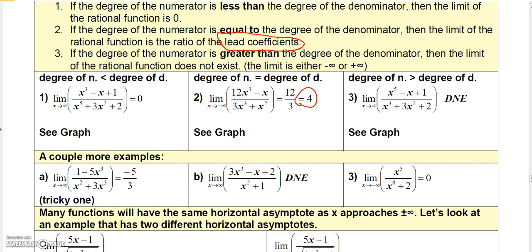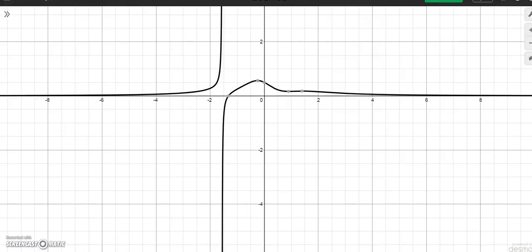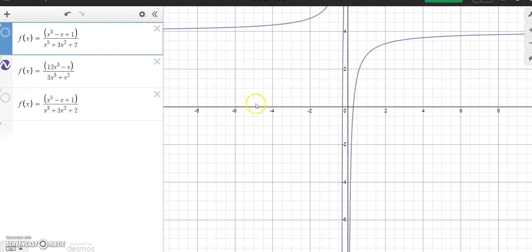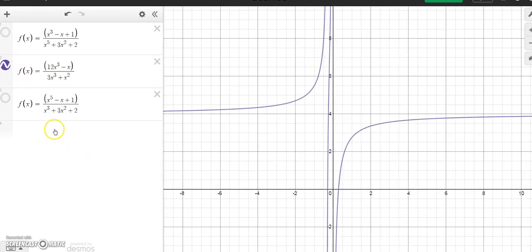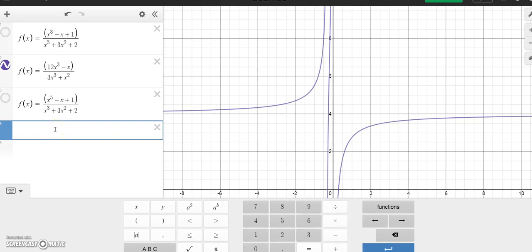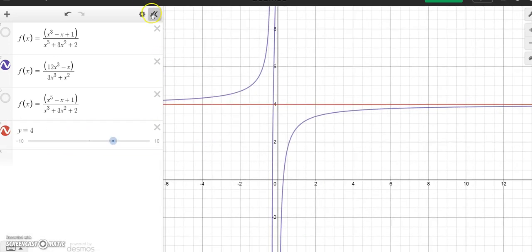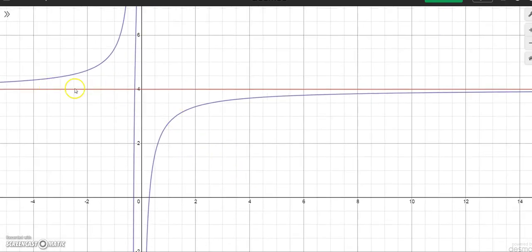Alright, now let me show you that one. I got to turn this one off and I'll turn this one on. Now you can't really tell unless I actually type in the line, whoops, wrong one. If I type in the line y equals 4. Okay, now you can see that that red line is the line y equals 4.